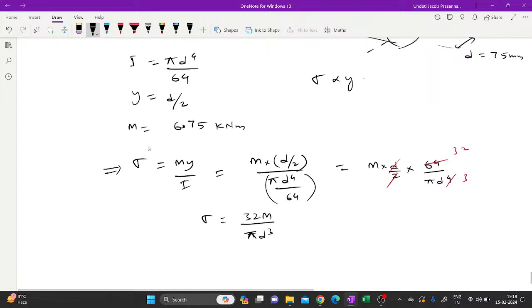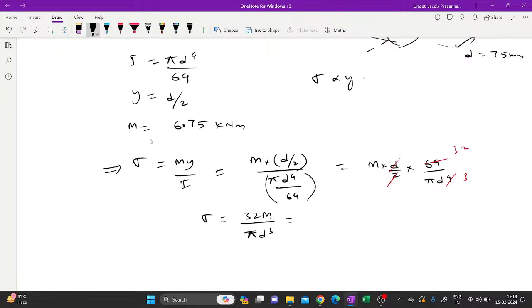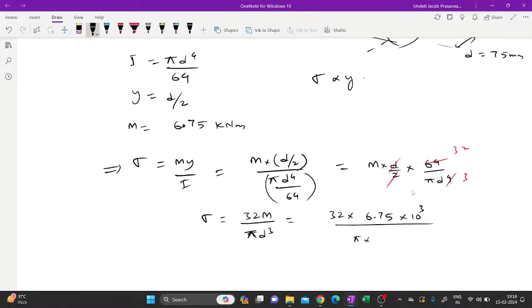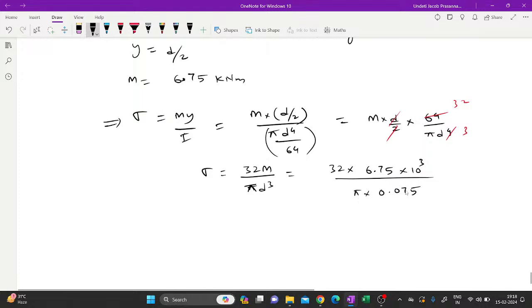Now let's substitute the values. 32 into 6.75 into 10 cube by pi into d value. The d value is 75 millimeters here, so 0.075 whole power of 3, in Pascal, because the SI unit is Pascal here.